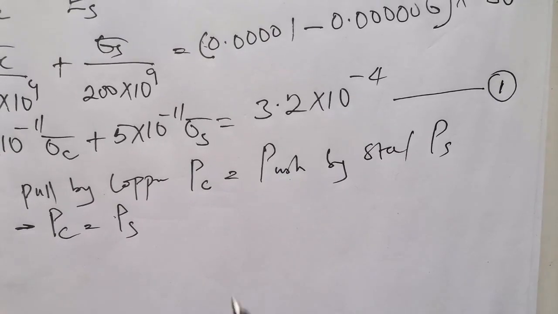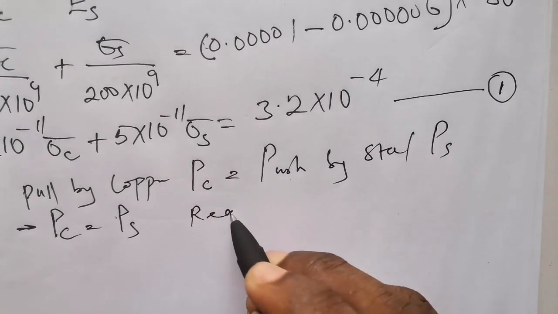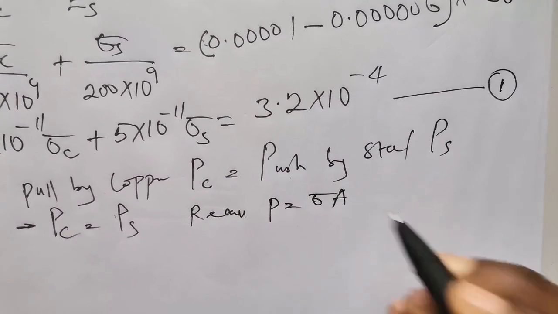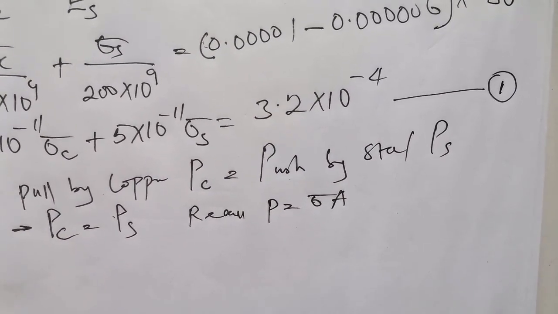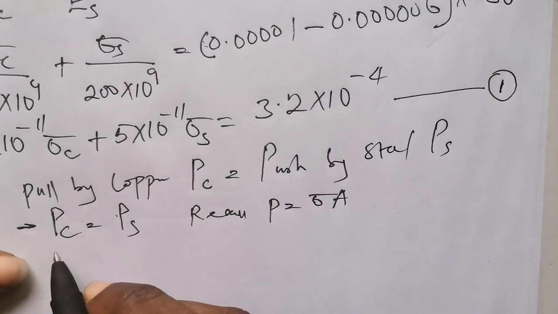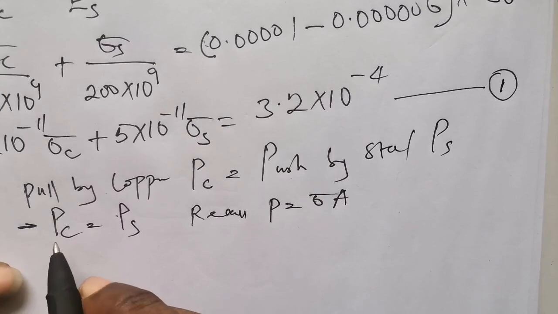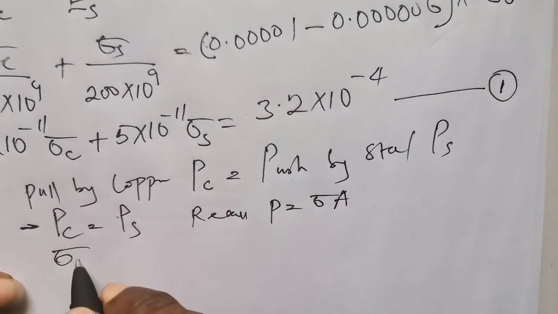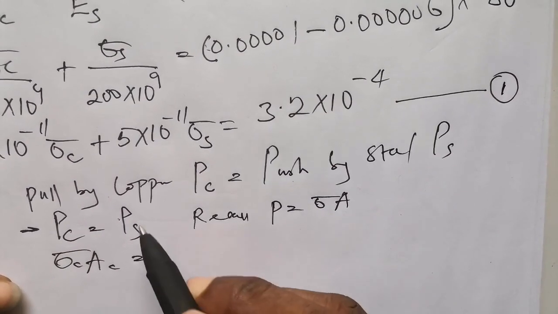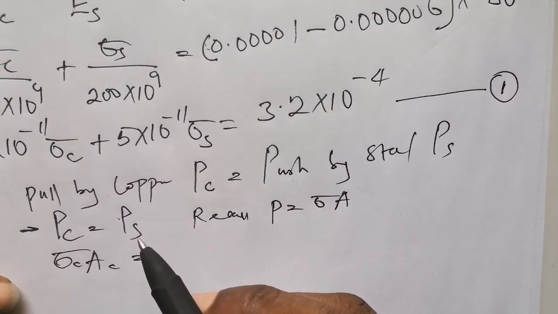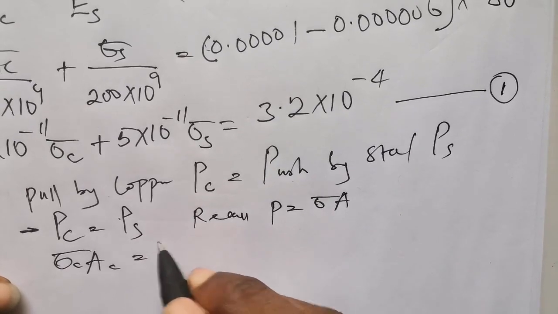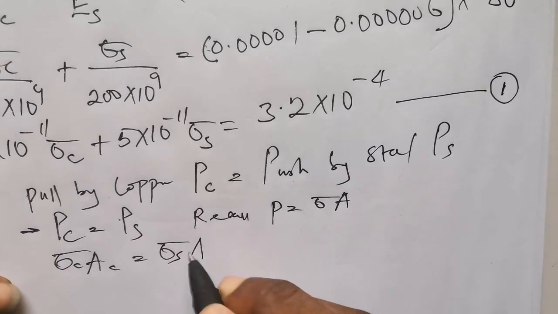So if this is so, recall that load simply means stress times area. So this means that the pull by copper, or the force of copper, is simply stress of copper times area of copper, and this is also equal to the push on the steel, which is the stress of steel multiplied by area of steel.